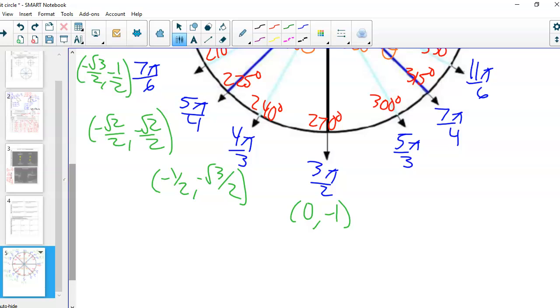For 300, we're doing 360 minus 300, so back at 60. We can look here, except cosine is positive. For 315, we do 360 minus 315, so 45, and cosine is positive again.